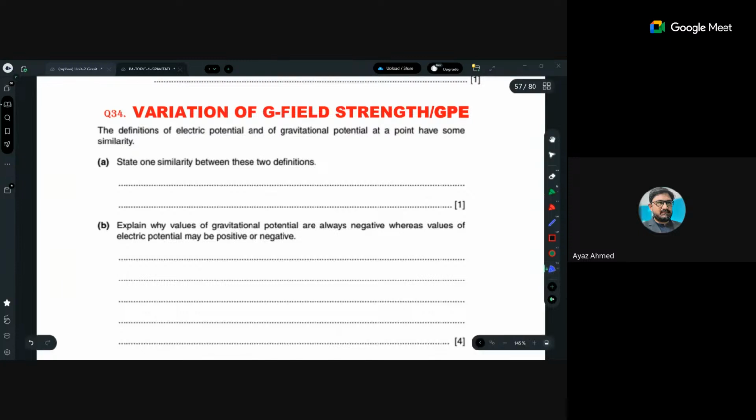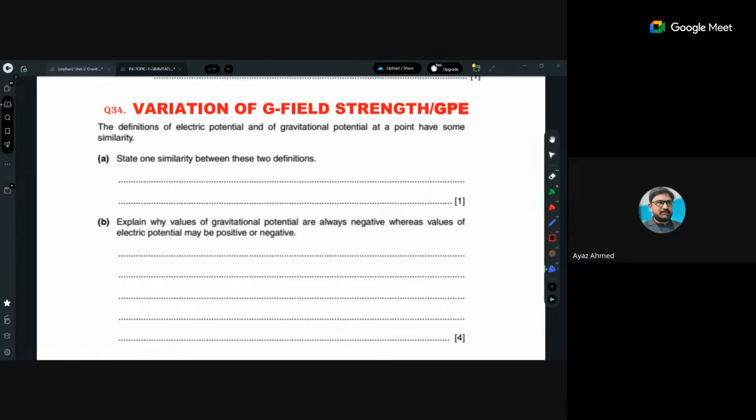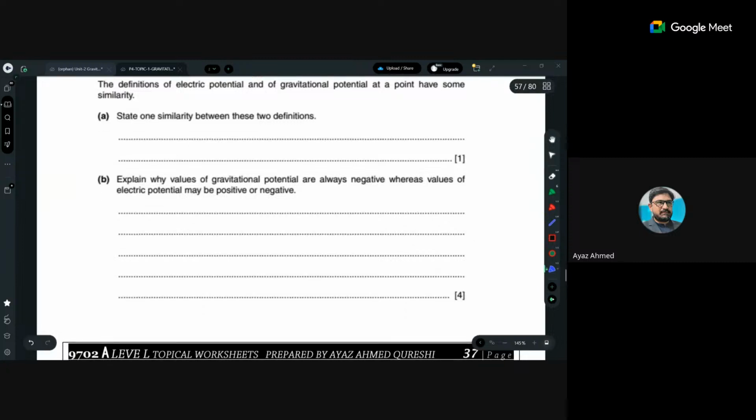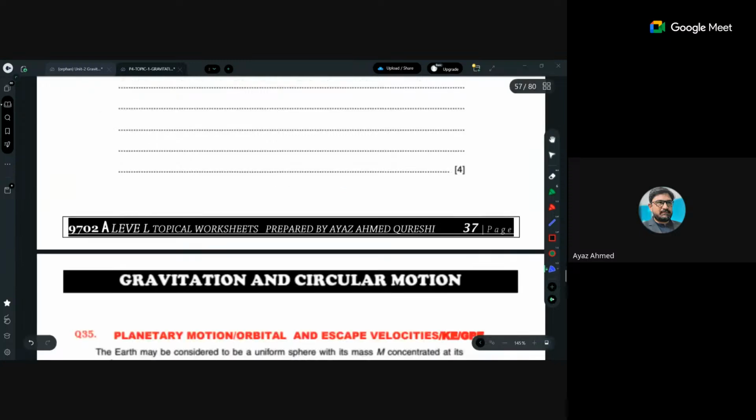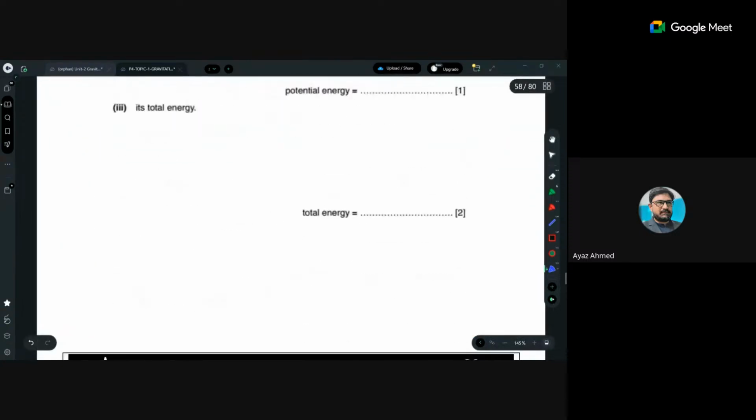This question is the same, coming from the same topic, that the definition of electric potential and gravitational potential at a point have some similarities and differences, when we are done with electric field. तो उसमें आपका हो जाएगा, explain why the value of the gravitational potential is always negative, where the gravitational... okay, sorry, this is from electrical potential, just leave it.